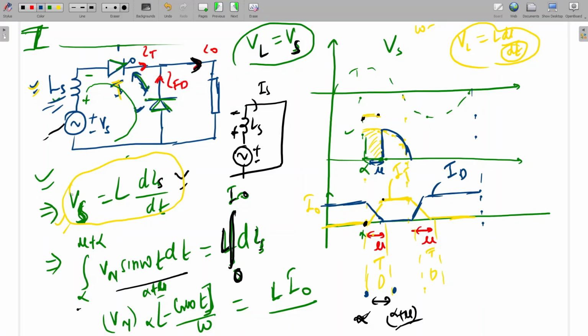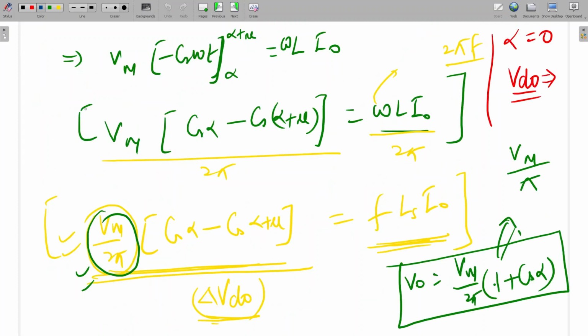So I have Vs equal to L di by dt. Here I have integrated as per this equation, and I get Vm into cos alpha minus cos alpha plus mu. Further, Vm upon 2 pi times cos alpha minus cos alpha plus mu.